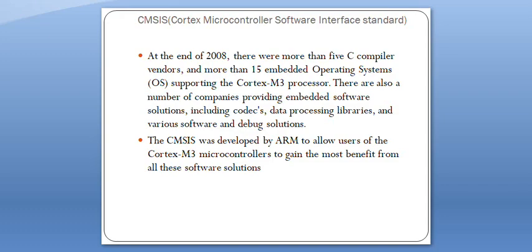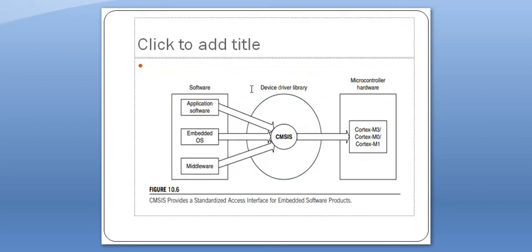Now I'll go back to the slide from where we started. This is the block diagram of your CMSIS. Basically you have the application, the program without an operating system, and you pass it onto the CMSIS files. This acts as a library. It will make your program short.